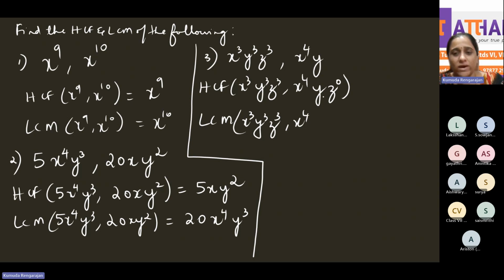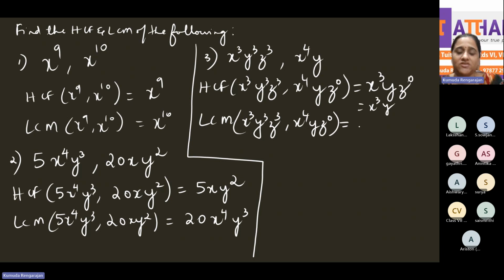X to the power 4, y: there is no z, but you can write z to the power 0, because z to the power 0 is 1. So it is x to the power 4, y only. Now here also you can write x to the power 4, y and z to the power 0. So use the same idea. Least power. So x cubed, y, z to the power 0. Anything to the power 0 is 1, no? So this is nothing but x cubed, y.